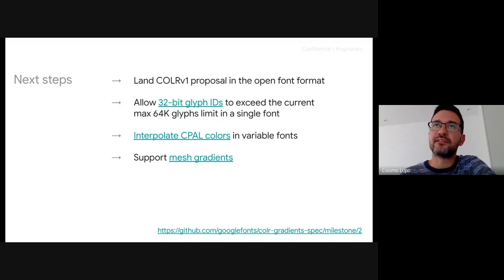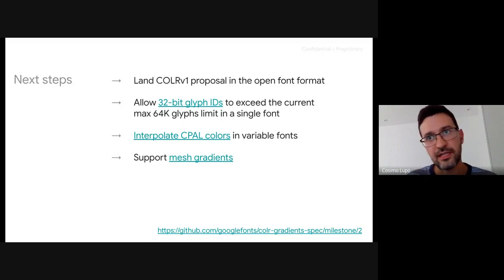And then after we do that, we would like to tackle another problem that has to do with the limitation currently in the font format to only allow up to 65,000 and something glyphs in each font file. And we would like to extend that to practically infinite by changing the glyph indexes from 16-bit to 32-bit unsigned integers.